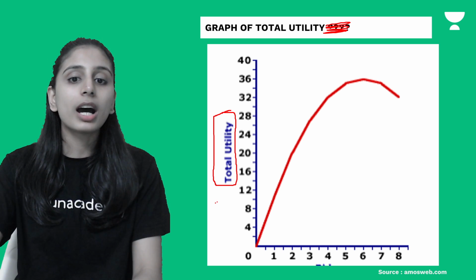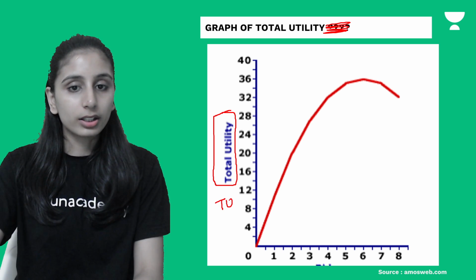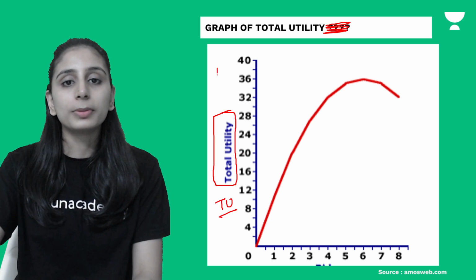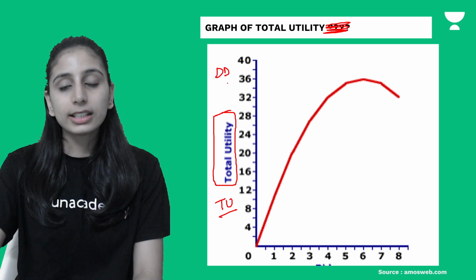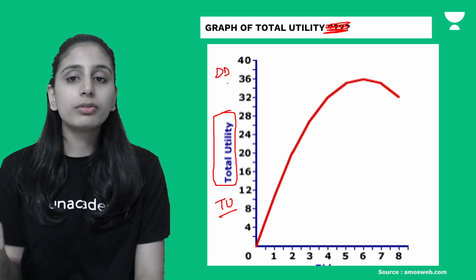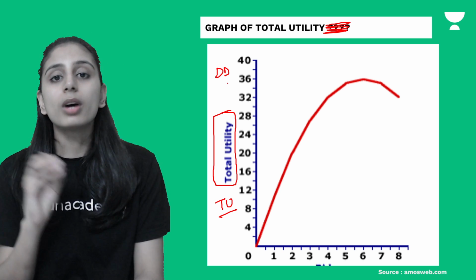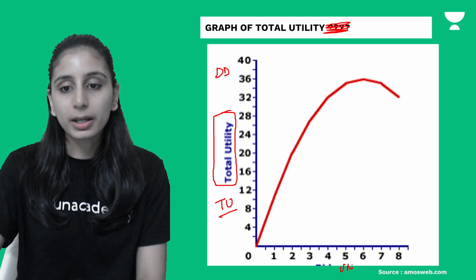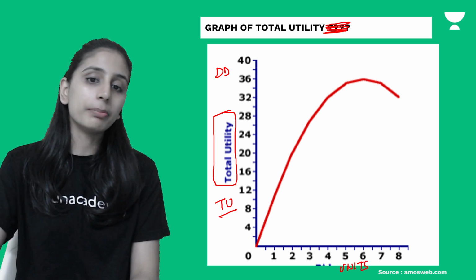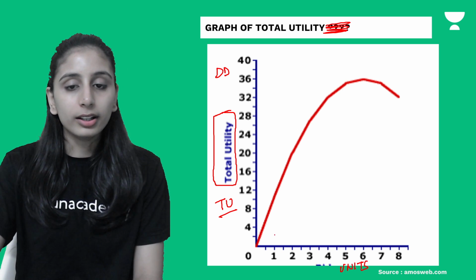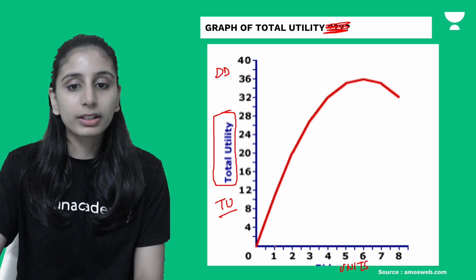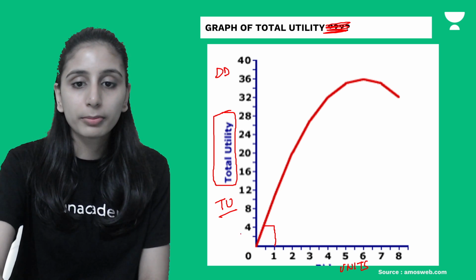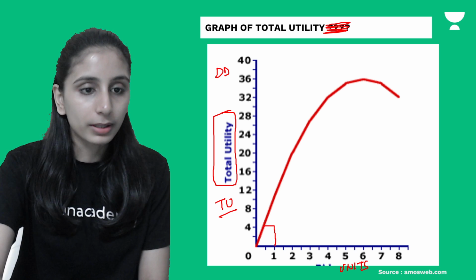For example, we are making the total utility curve here, so we write TU, total utility. Suppose we were drawing a demand curve, we would write demand curve. Okay. In the same way, you have to write the name of the curve you are drawing. On the x-axis, you generally write units. Here our unit is, for example, apple, so we will write apple there. Now what we have done simply in the graphical representation is, as we plot points in graphs. Just let me change the color of the pen.